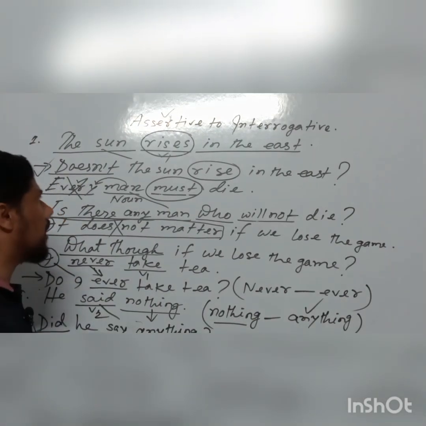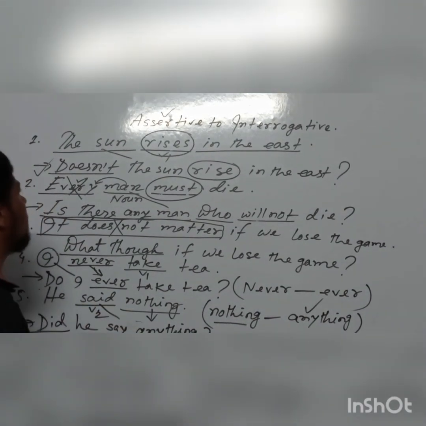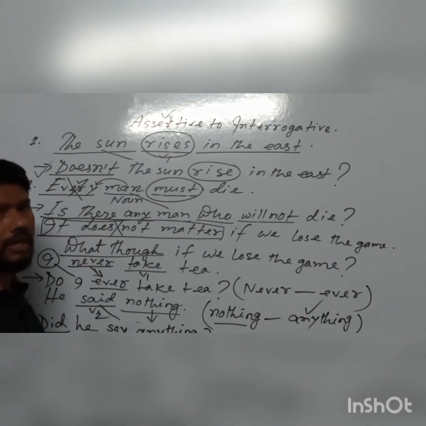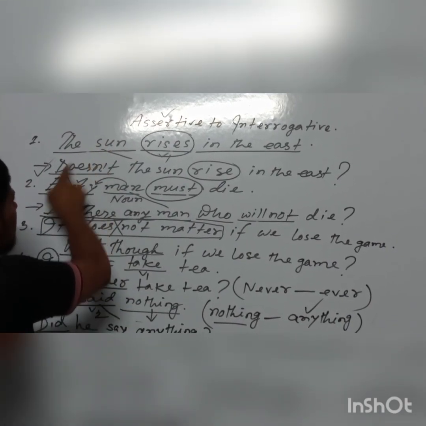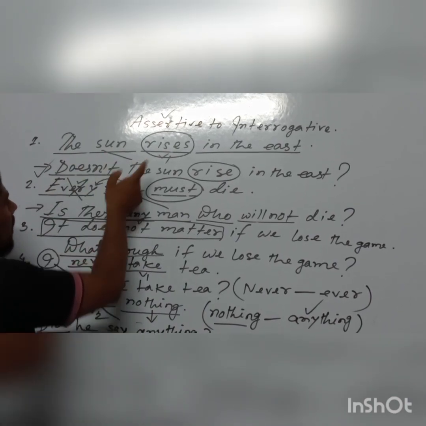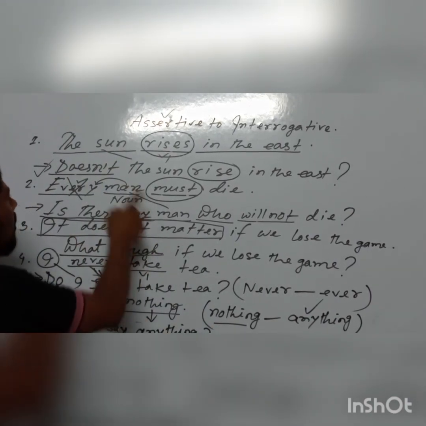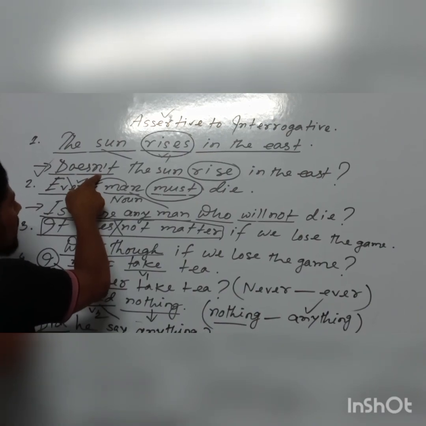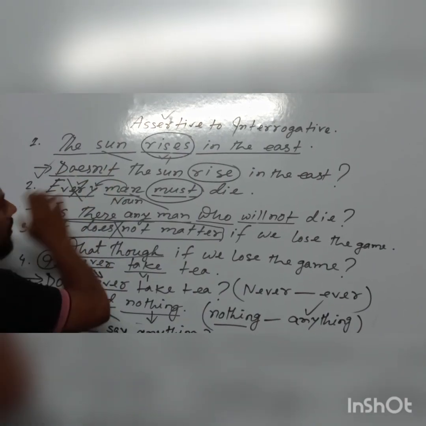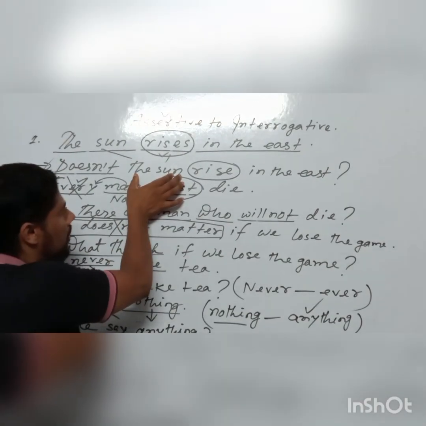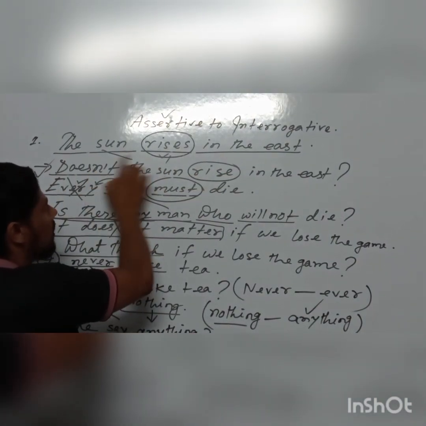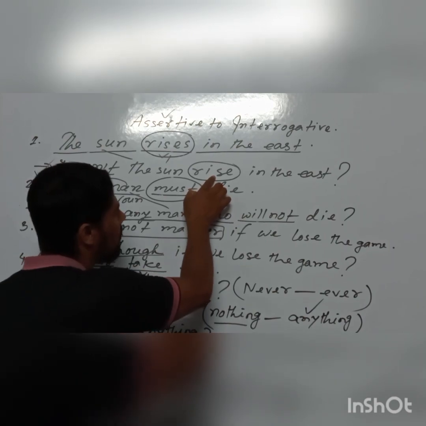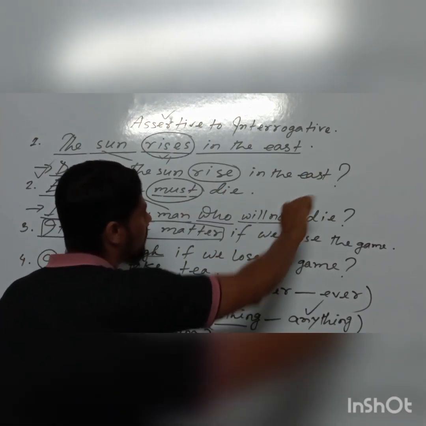We have to take do or does. The subject is third person singular, so does. To make it negative plus interrogative, we take not in contracted form with the helping verb, then the subject will come, and then the verb will be in base form, as after does the verb is always in base form, and the rest of the sentence, note of interrogation.